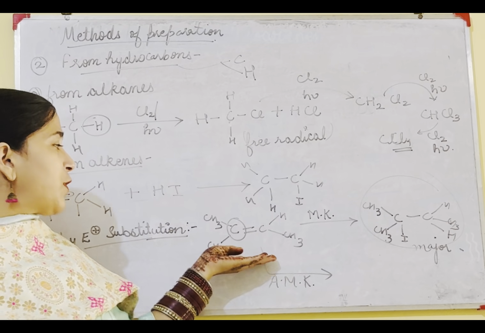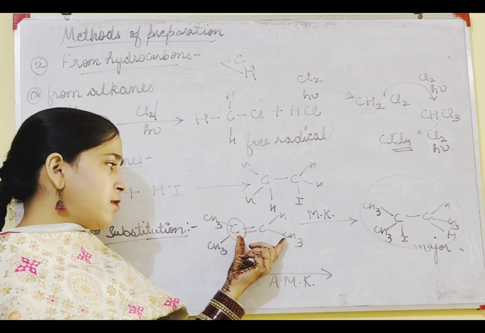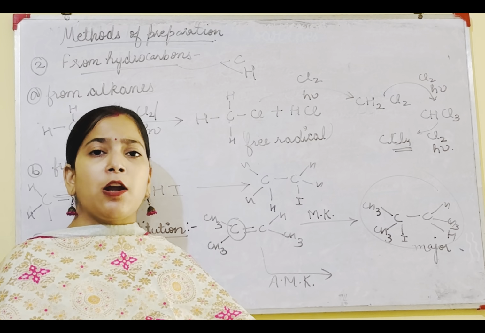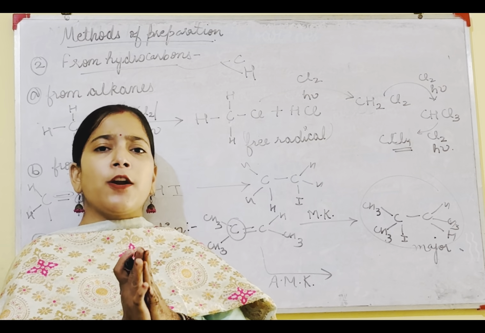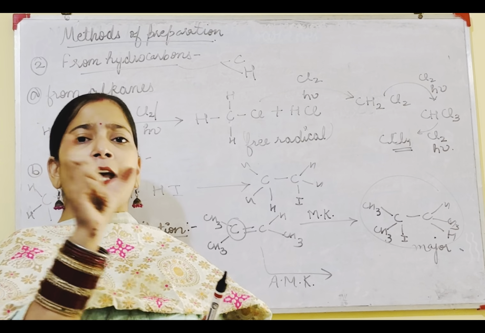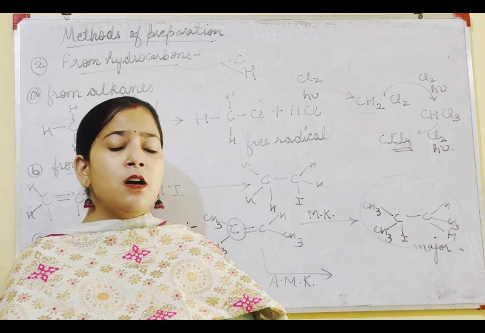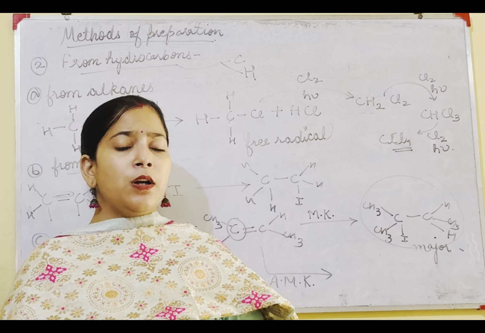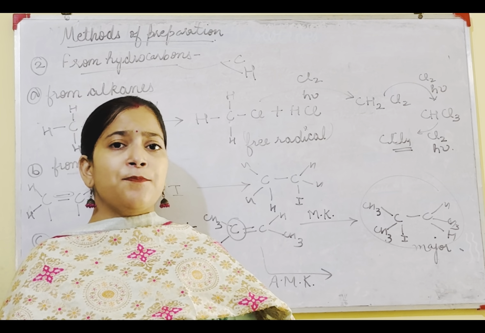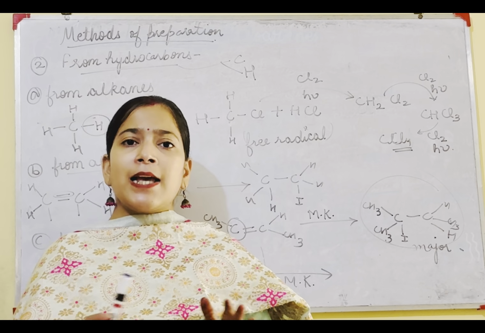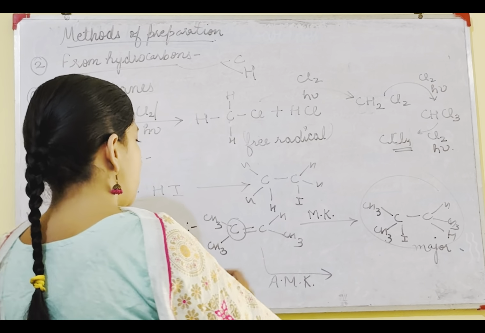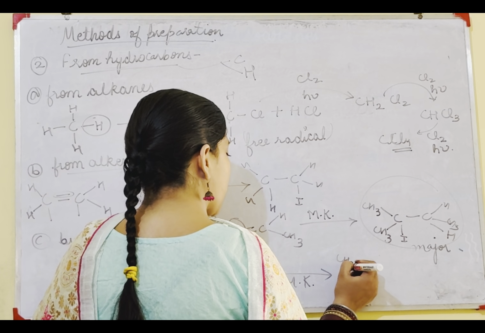Now if this alkene reacts according to the anti-Markovnikov rule, anti means opposite to Markovnikov rule. Markovnikov rule says that halide will attach to the more substituted carbon. So according to the anti-Markovnikov rule, what will be the concept? The halide will attach to that carbon which is less substituted. So what will be the major product?